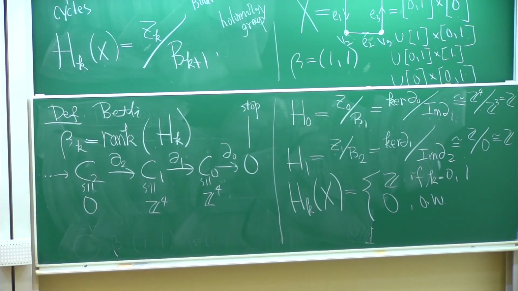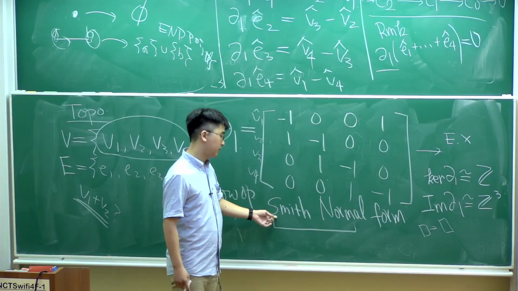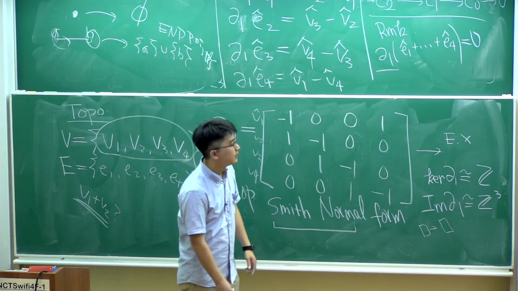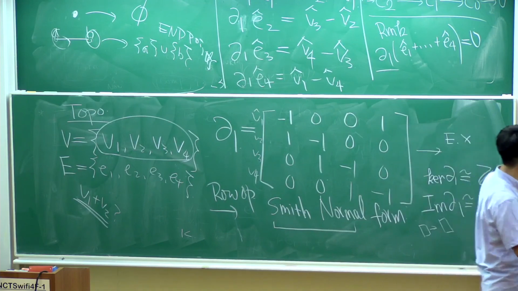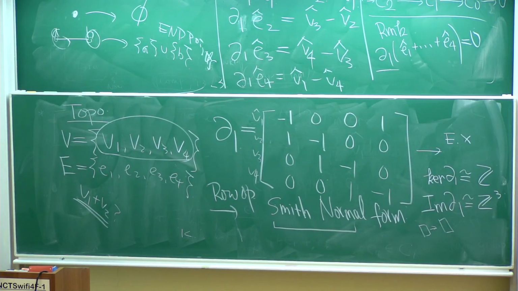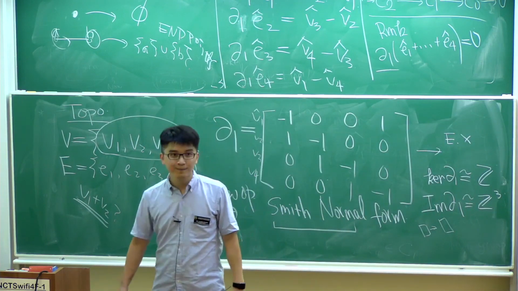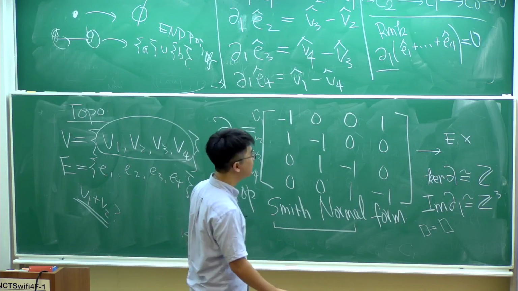Not only do we have theory support, we also have a very fast algorithm to do the Smith normal form. So you can look at the kernel, and you can calculate the homology group very fast, and therefore you can compute the Betti number very fast.